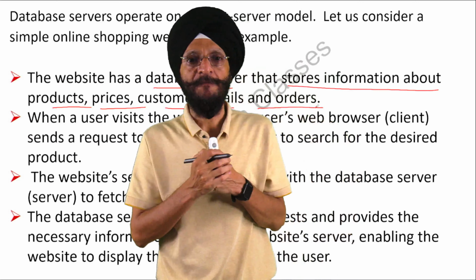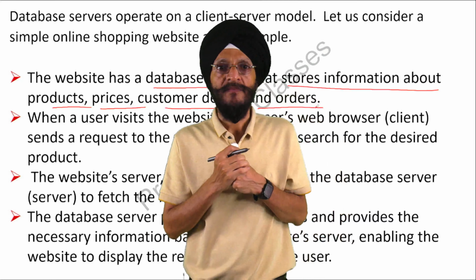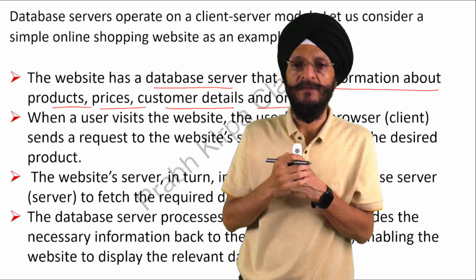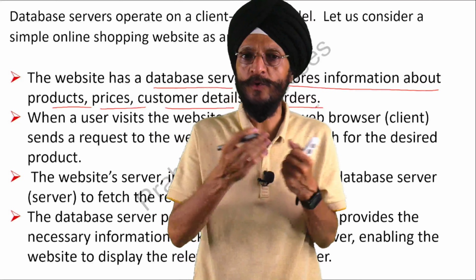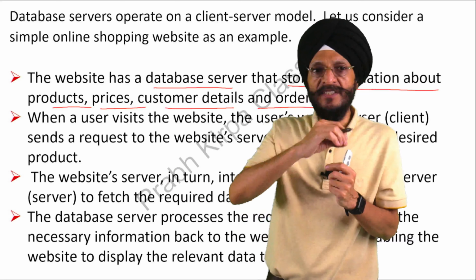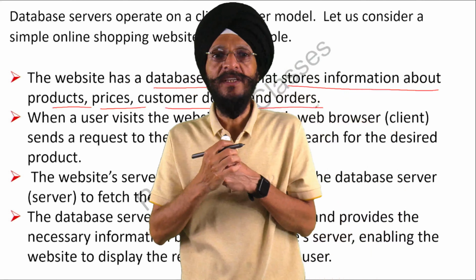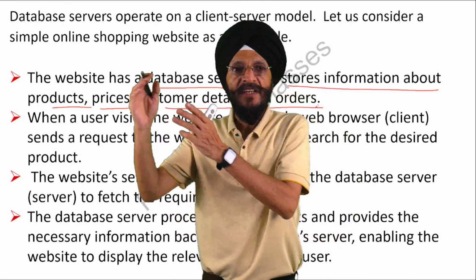When a customer visits the site, the user's web browser, meaning Google Chrome, Microsoft Edge, that is the client, sends the request to the website's server to search the desired product.